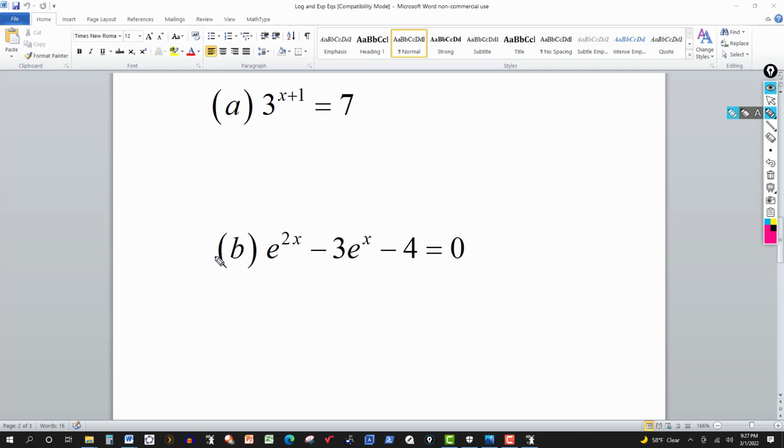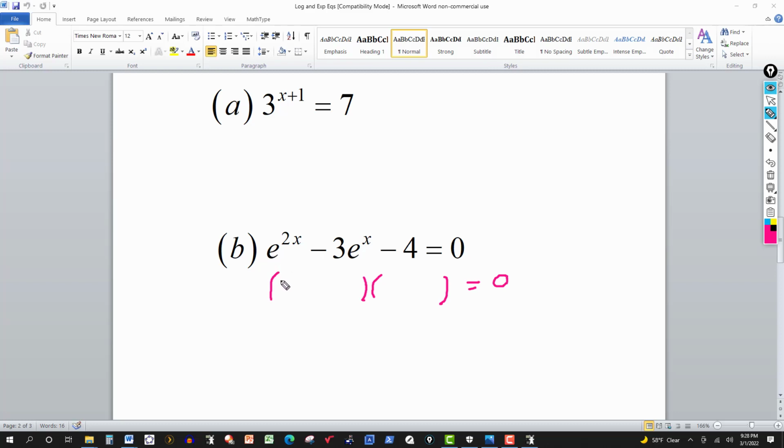So it's kind of like solving an equation like x squared minus 3x minus 4. So what we'll do here is factor this, like you would factor a quadratic equation. This is quadratic in form, except it's really an exponential in quadratic form.